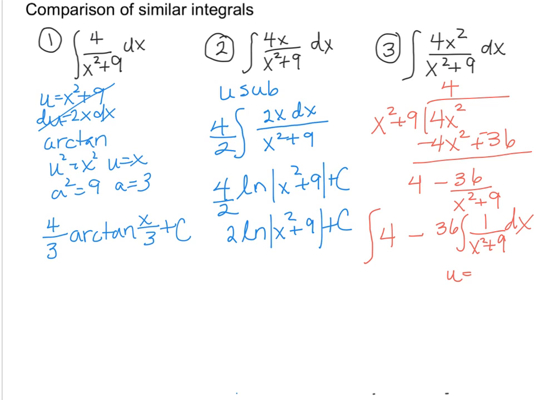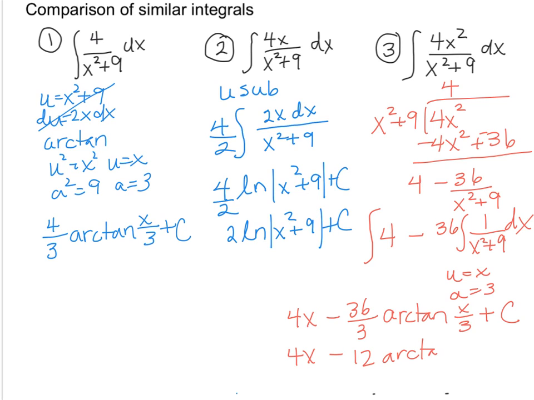Because u would be x, a would be 3, and so I would have 4x minus 36, the 36 stays, over a, which is 3, and then I have the arctangent of x over 3 plus c. So that turns out to be 4x minus 12 arctangent x over 3 plus c.